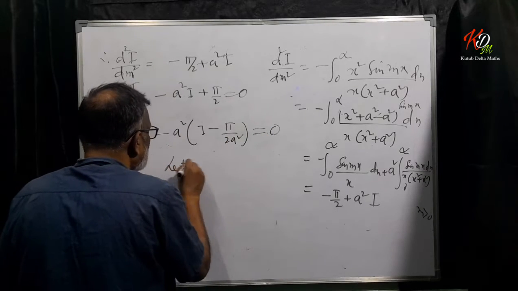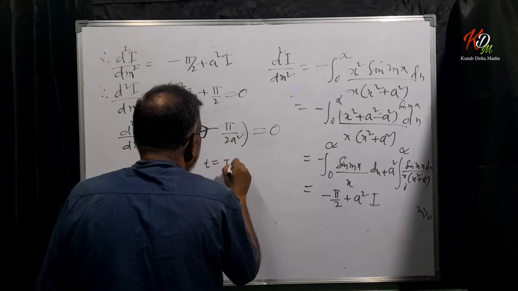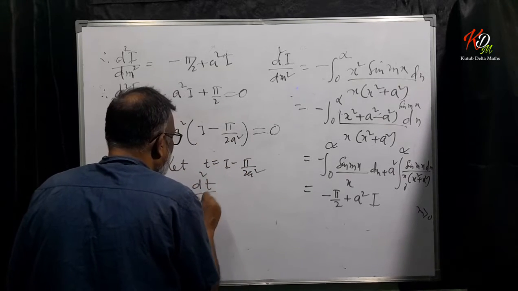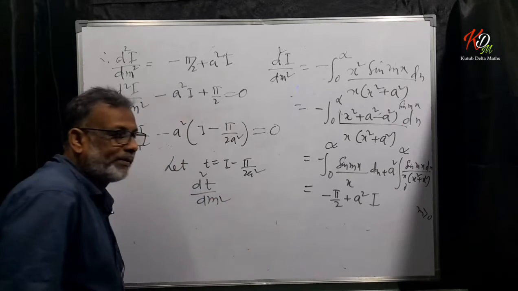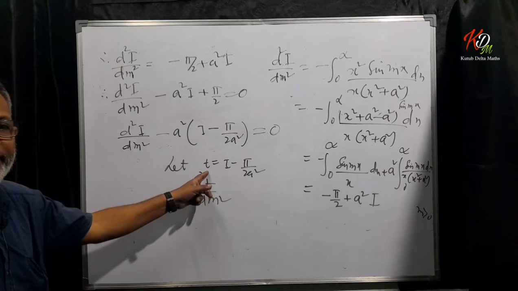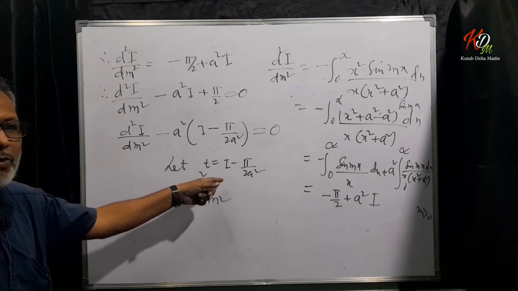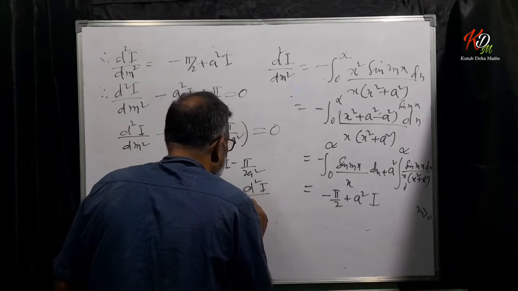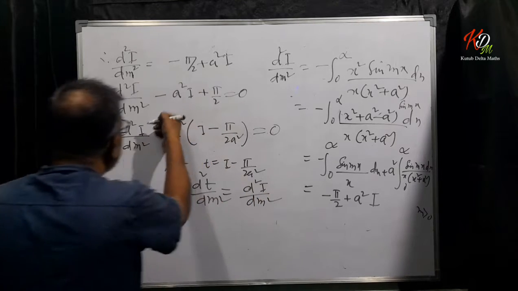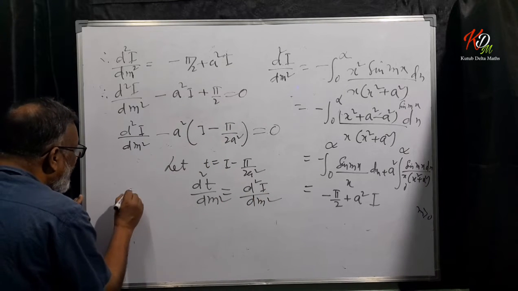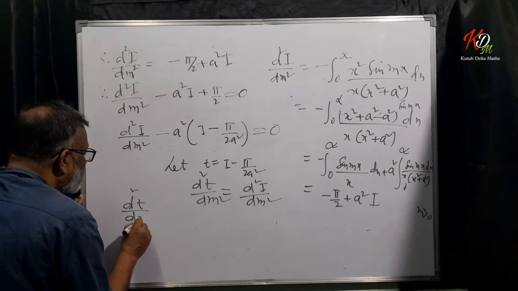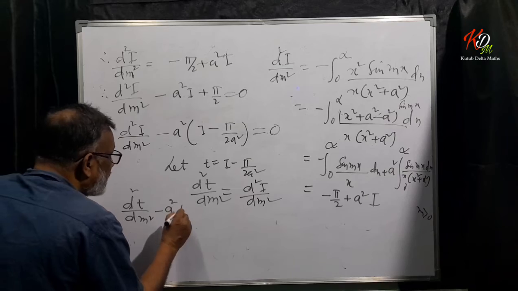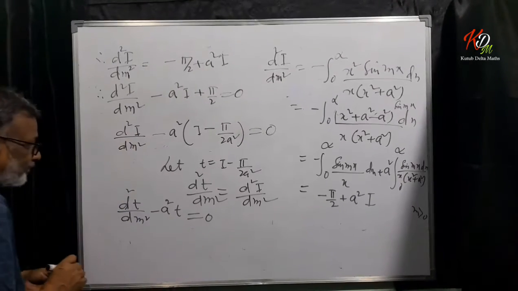Let t equal to I minus pi by 2a square. Obviously d square t dm square. Here I and t are two variable quantities. So putting the values, d square t dm square minus a square t equals 0.